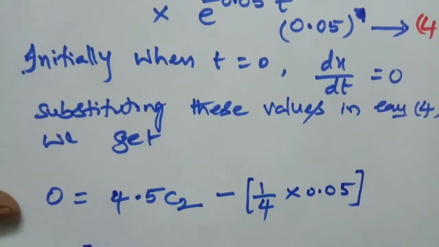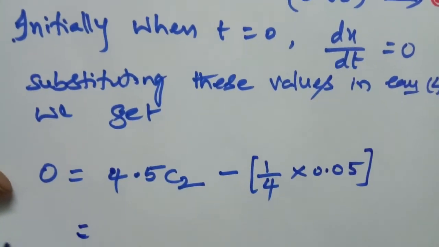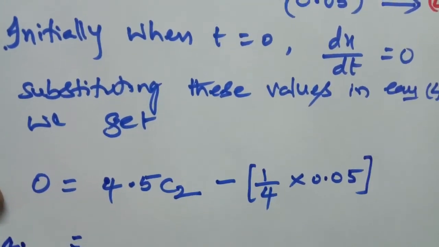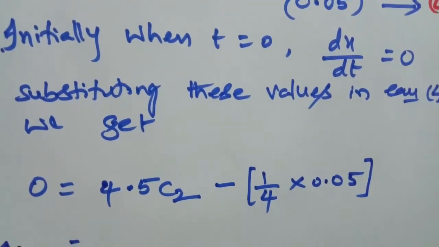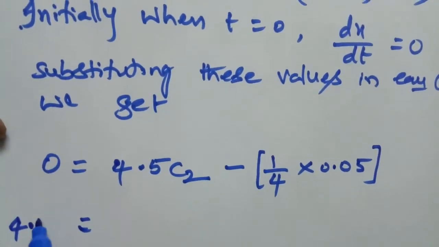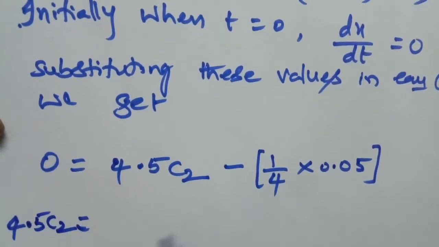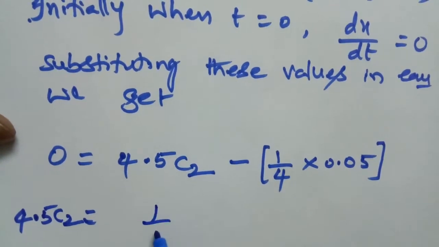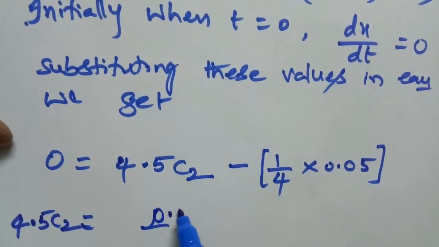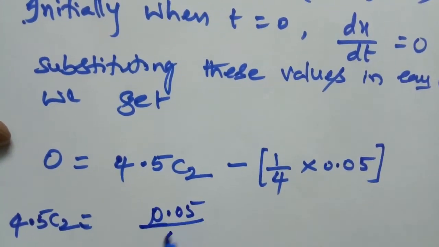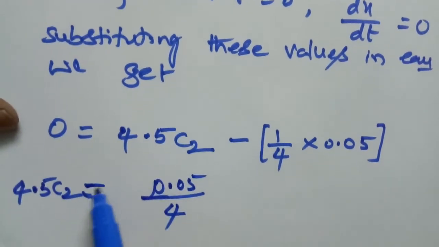Therefore, this is equal to 4.5 c2 is equal to 1 by 4, that means 0.05 by 4.